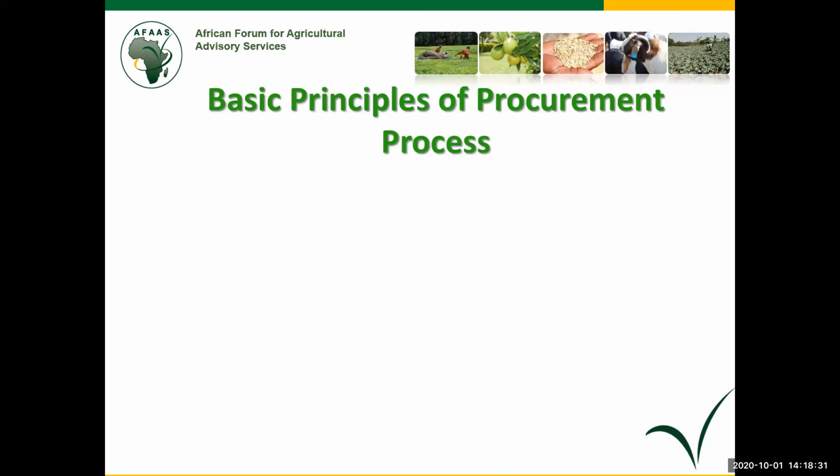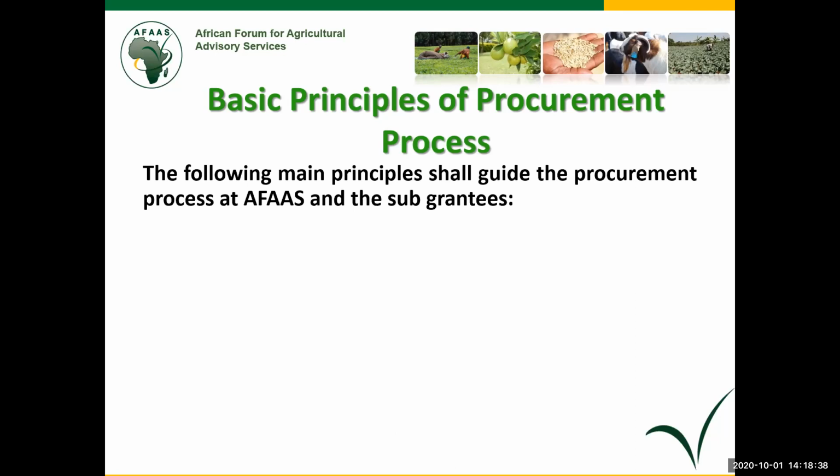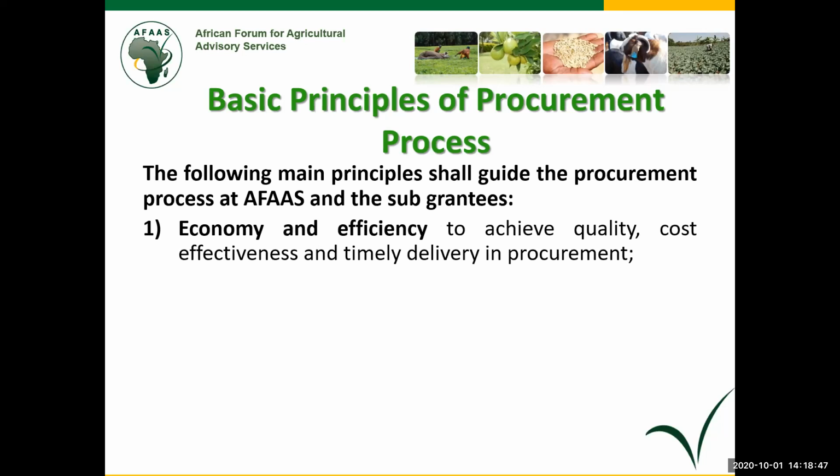What are the basic principles of public procurement? The principles in our manual, which we are supposed to follow as sub-grantees, are as follows. One, we have to observe the principle of economy and efficiency whenever we buy services or goods.